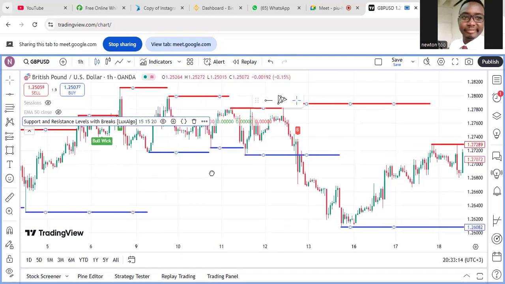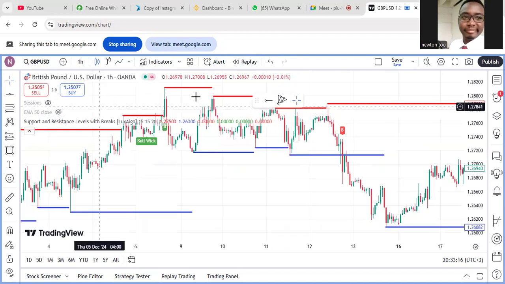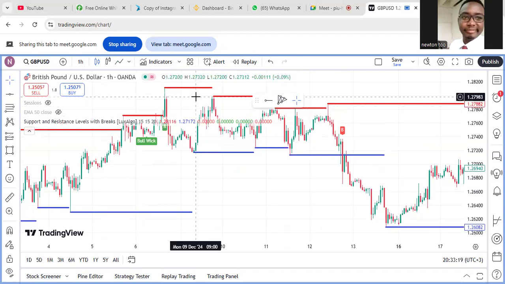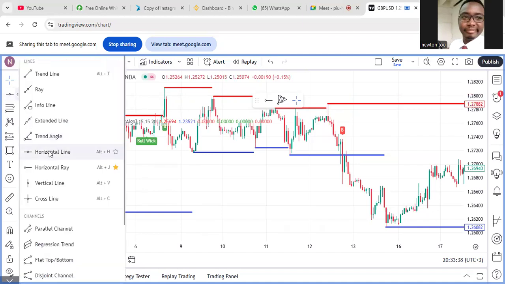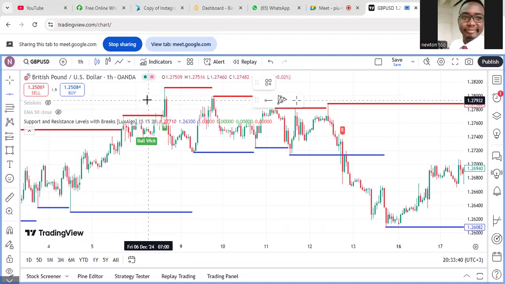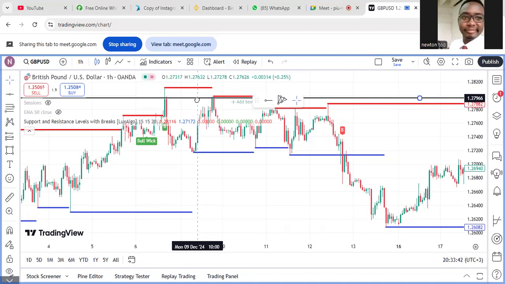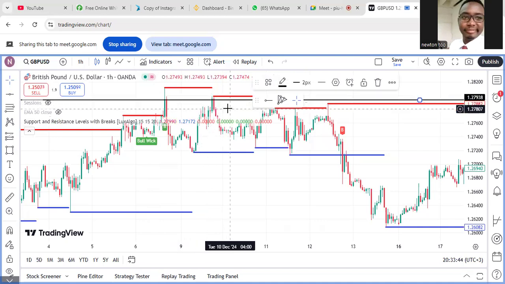Then I told you guys, these lines, it will draw for you on the wicks. But when it draws on the wicks, try as much as possible to draw where the body is. For example, here, it drew on the wicks. So you could have drawn it on the body so that you can get this entry.